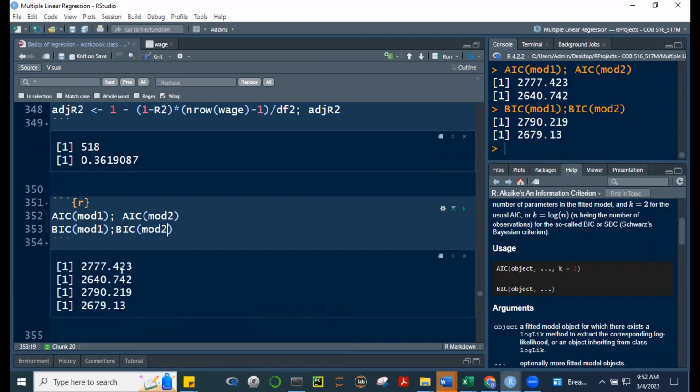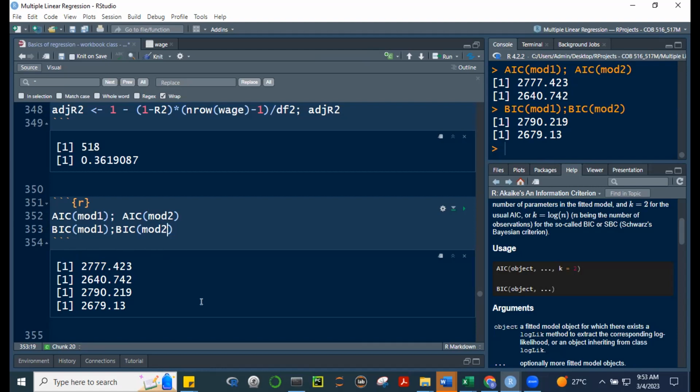As you can see here, model 1 has an AIC of 2777 and model 2 has 2640. Model 2 has a lower AIC, which tells us that this is a better model. So model 2, which has more predictors, is a better model. Also, in terms of BIC, 2790 versus 2679, model 2 is better.